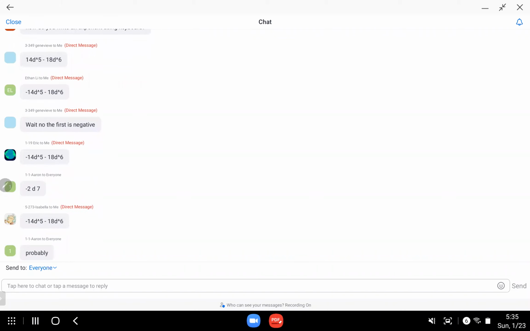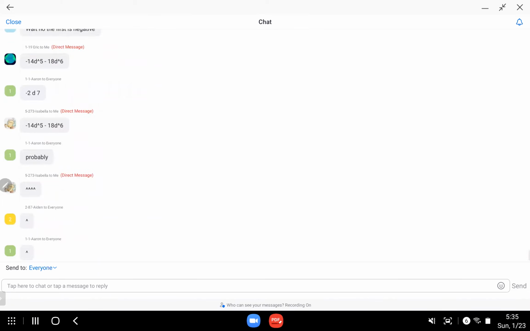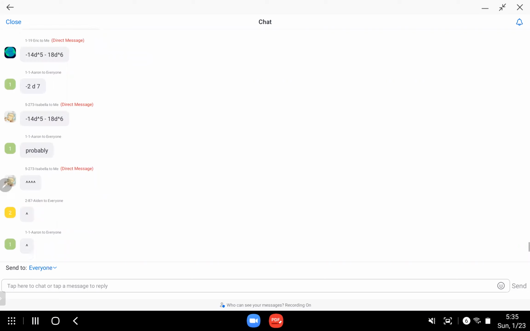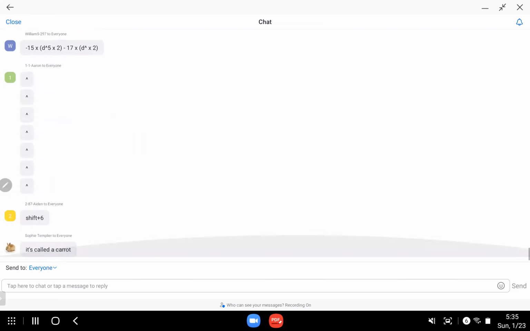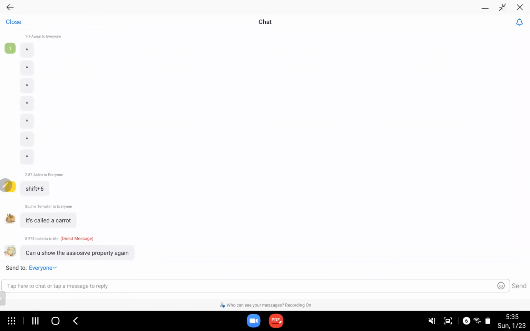That arrow pointing to the top. Basically, if you type that, it's saying exponent. Shift plus 6. It's called a caret. Oh, okay. Why is it called a carrot? Why not called a potato?